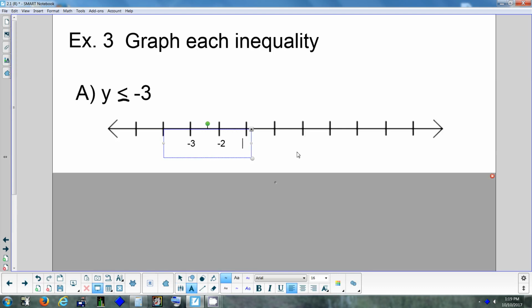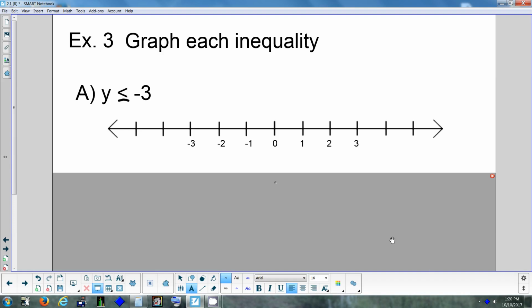It should be in the form, step number 1 on the back side. Yeah. Letter, sign. Letter, sign, number. Very good.